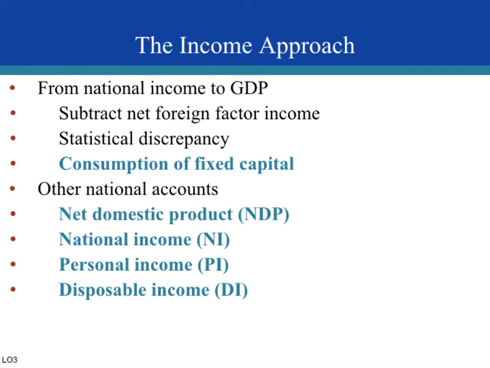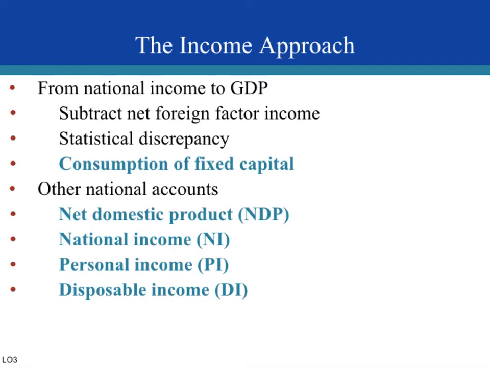Consumption of fixed capital. Why do we count the consumption of fixed capital? Because a lot of capital continues to produce profits year after year. So the bakery oven that was purchased, let's say, in 2011, helped produce bread, which helped earn a profit in 2011, but it's also helping the bakery earn money in 2012, 2013, 14, 15, 2016.